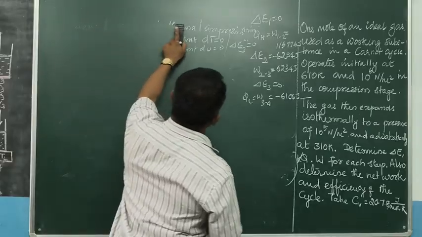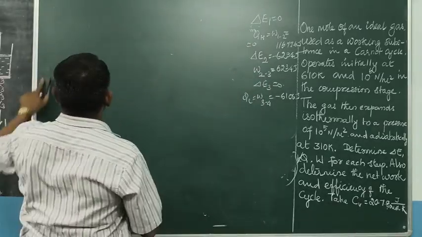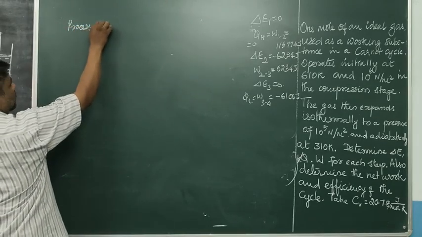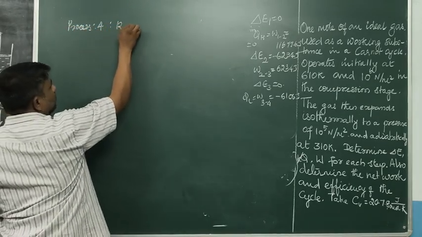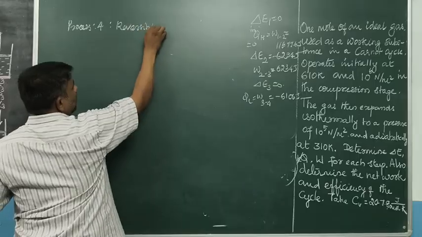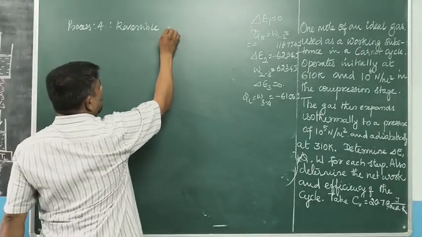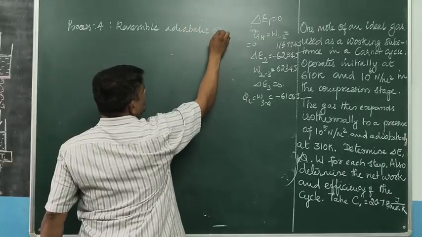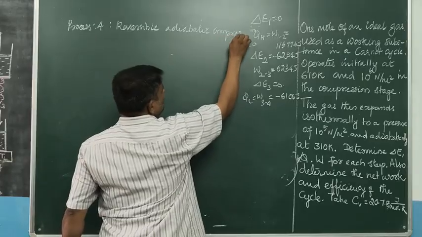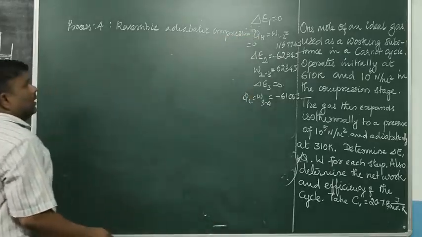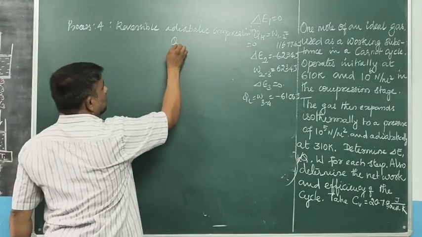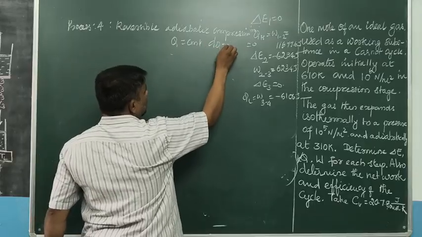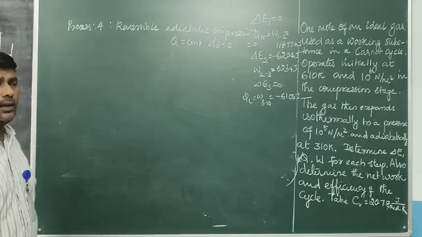Process 4, step 4 or process 4, reversible adiabatic compression. Adiabatic means changes in heat content is constant, changes in heat content is equal to 0. Clear?